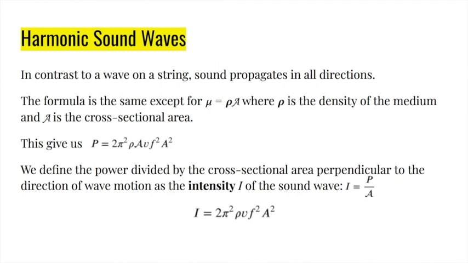If we have that power formula from last time, the only thing that really changes is that now we have rho, the symbol that looks like a P, times the cross-sectional area, so the density times the cross-section. Most of the time the cross-section we're going to be considering is a sphere. The sound waves propagate out in all directions, and so the surface area of that sphere will be our funky A, that stylized A.